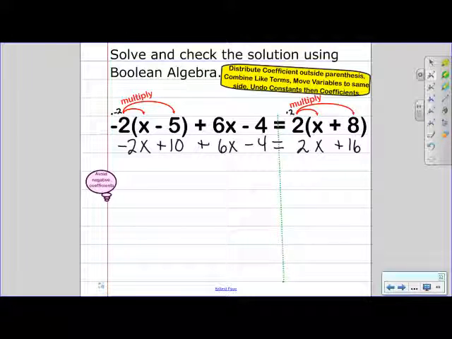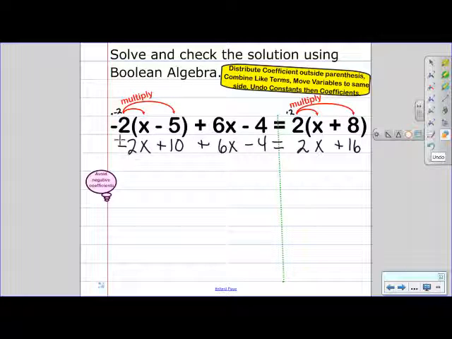So now we need to combine our like terms because we have x's and we have numbers. What I like to do is isolate each one so I know what I'm combining. So with my variables, I have -2x, and I also have +6x.